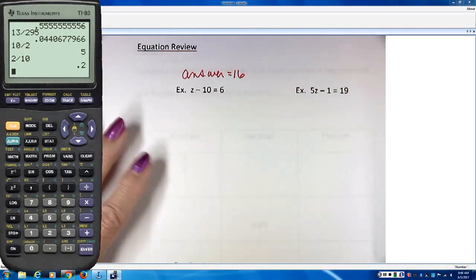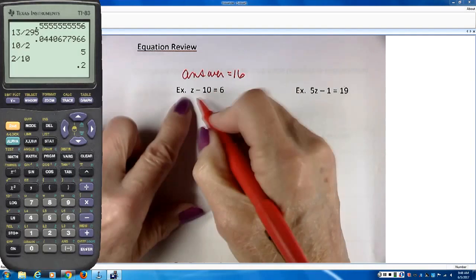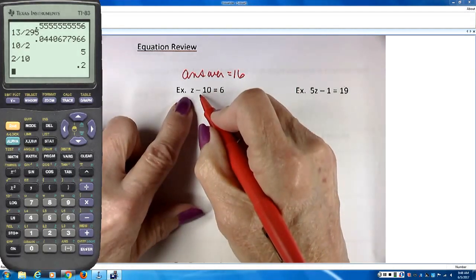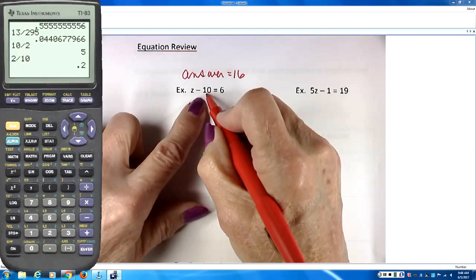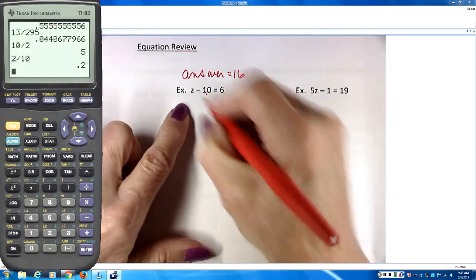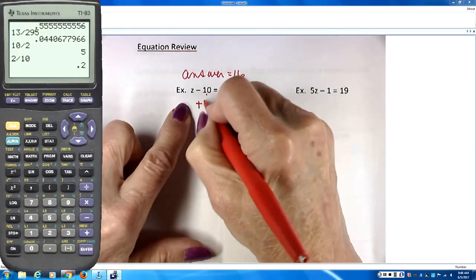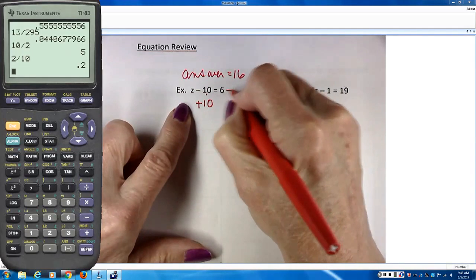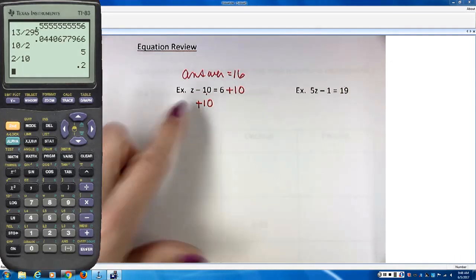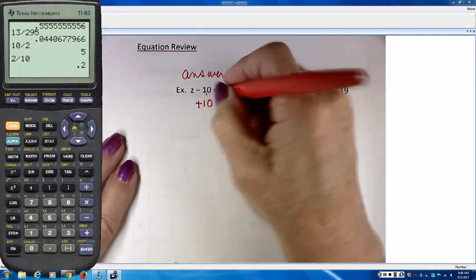Now, the algebraic way to do this is, since this is the number we're trying to find, we want to get it by itself. And in order to move this 10 to the other side, we're going to change the sign of it to plus, and we're going to add it to both sides of the equal.